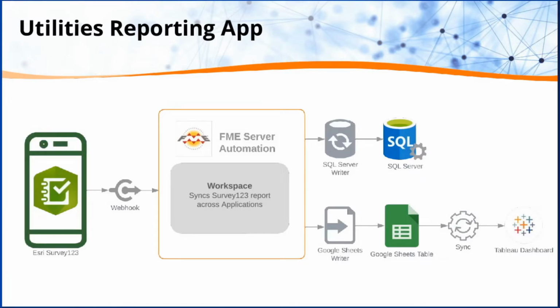And that will kick off a workspace, which will then digest that webhook payload, extract the attributes from the JSON message, and then we'll have two ways of processing this data. So we'll be writing it out to our SQL Server table, and then we'll also be writing it out to our Google Sheets table, which will then be used to sync to our Tableau dashboard.